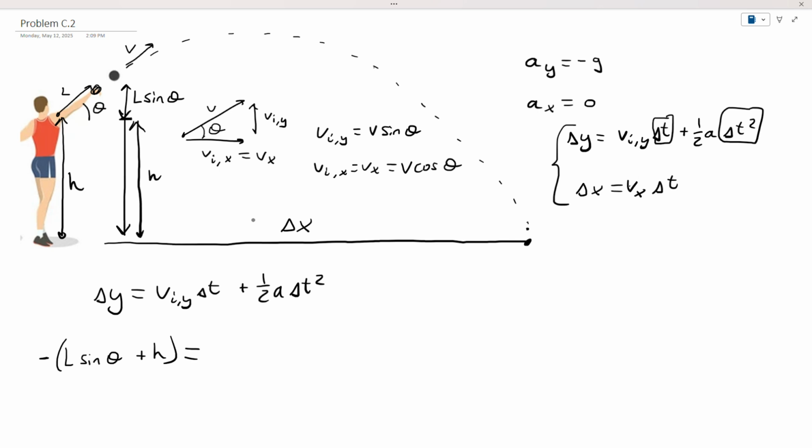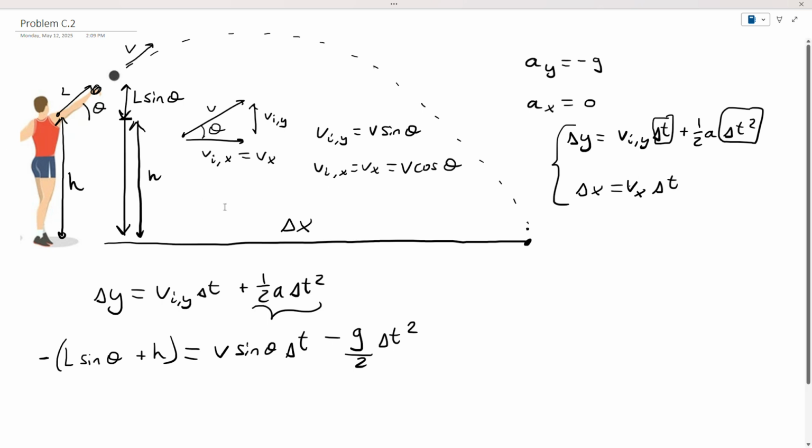Then the initial vertical velocity is, as we obtained previously, v sine theta, and the time is our unknown, so we don't know it. The acceleration here is minus g, so we can rewrite this part as minus g over 2 delta t squared.